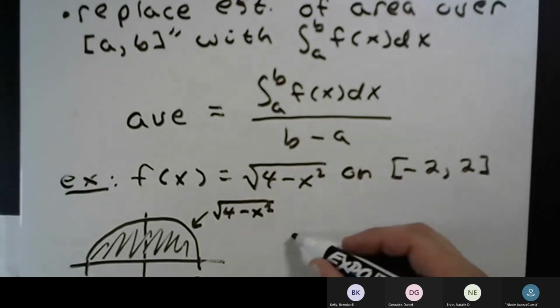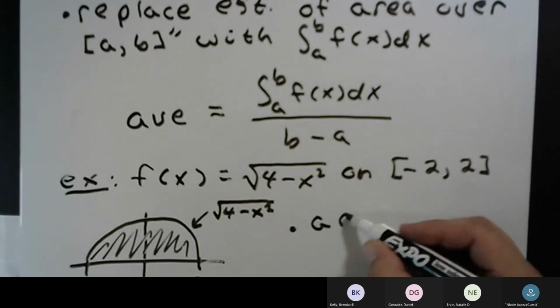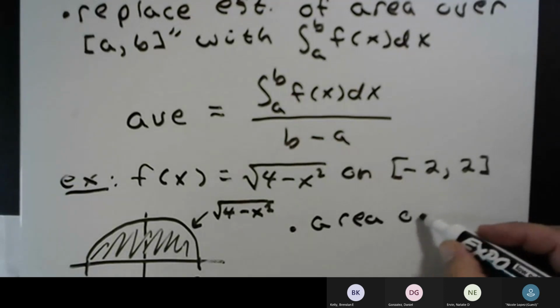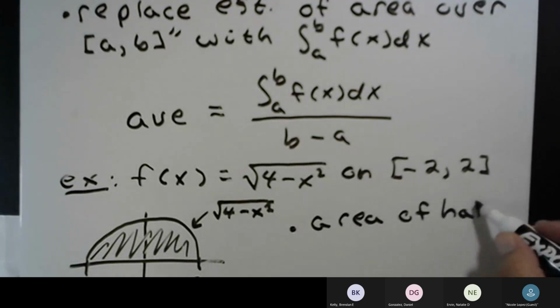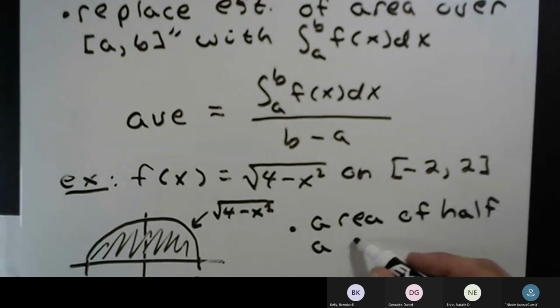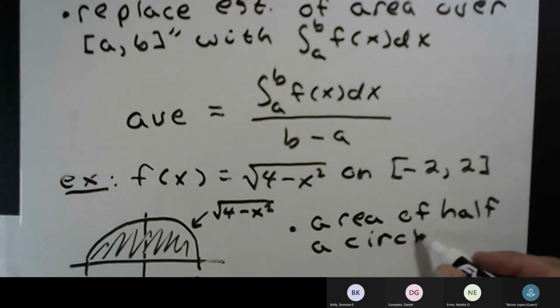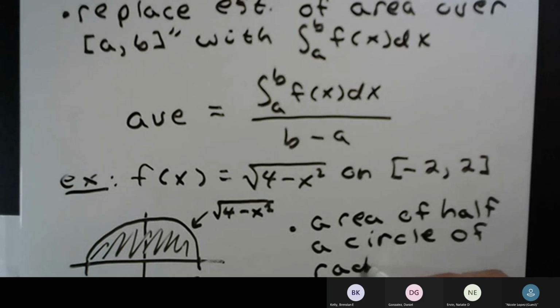So what we need is the area of half a circle of radius 2.